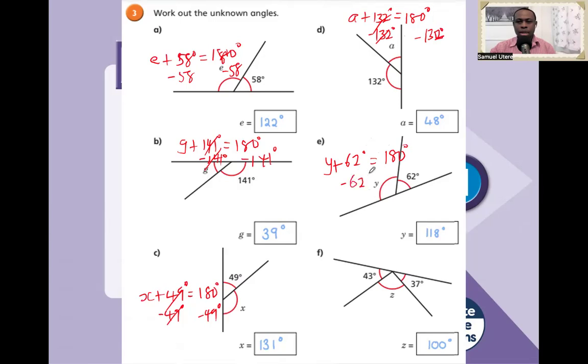So we subtract 62 degrees from both sides, we'll get our result. Here, we know z add 43 degrees, add 37 degrees is equal to 180 degrees. So we subtract 43, subtract 37, that eliminates them, and we subtract them from here as well. So if we subtract 43 and we subtract 37 degrees, we'll get this answer.